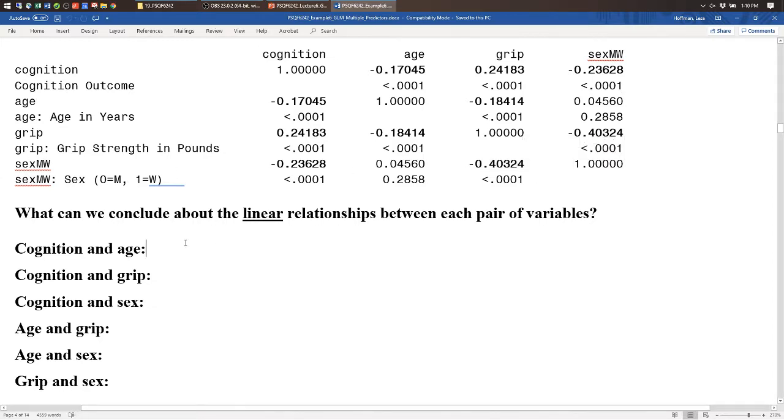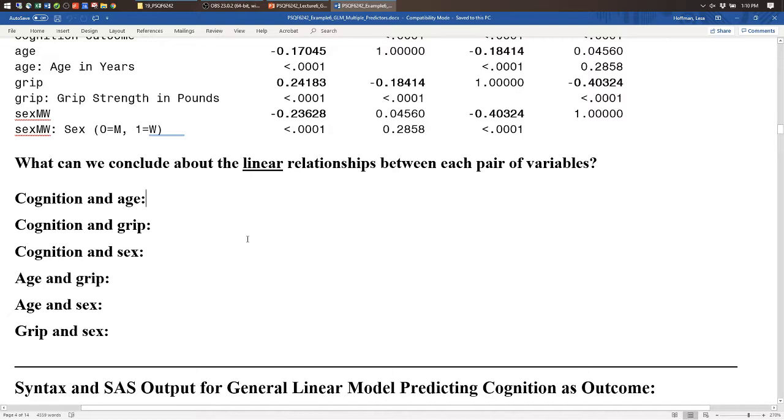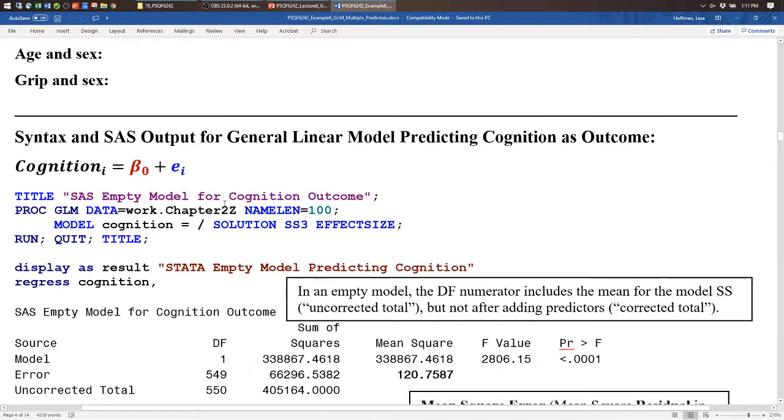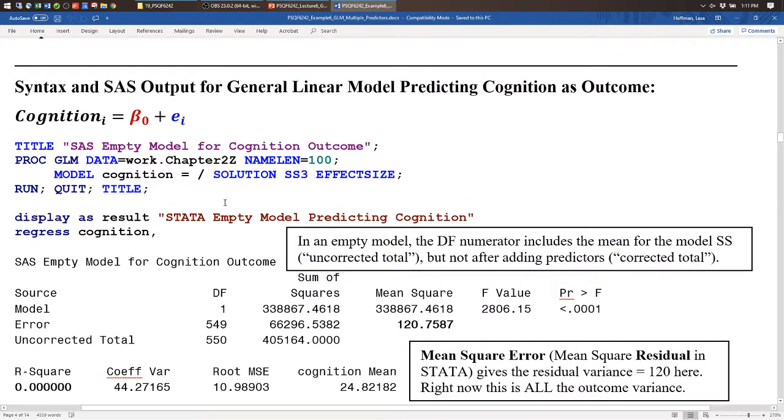All right, so we filled out, I think, most of this section here. As always, I'm starting with an empty model. In practice, people wouldn't do this, but I'm doing it for pedagogical reasons, just to remind you what these models are giving you. The idea of the empty model is just to recreate the outcome. It's the mean of the outcome and all the variance that there is to be had.